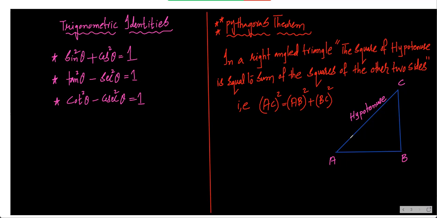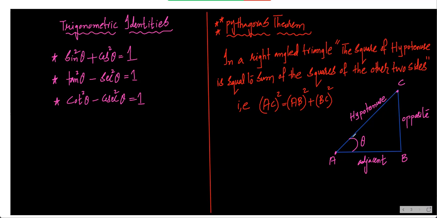This is angle theta. This is opposite side. This is adjacent. So square of the diagonal. Here, what is the diagonal or hypotenuse? Both are same. This square of AC.